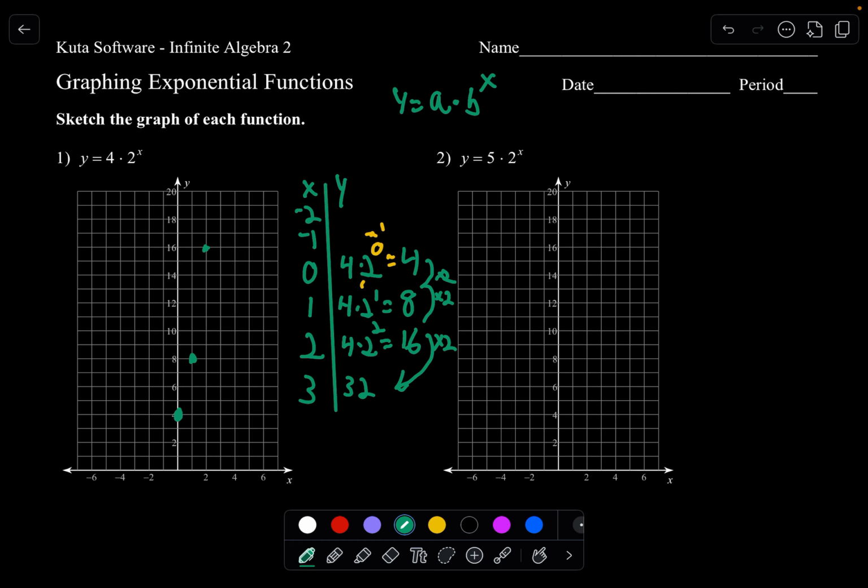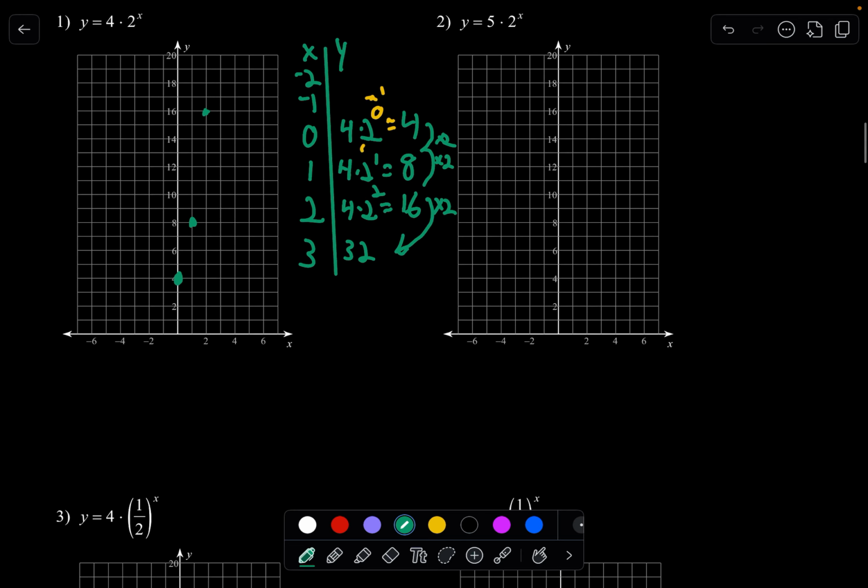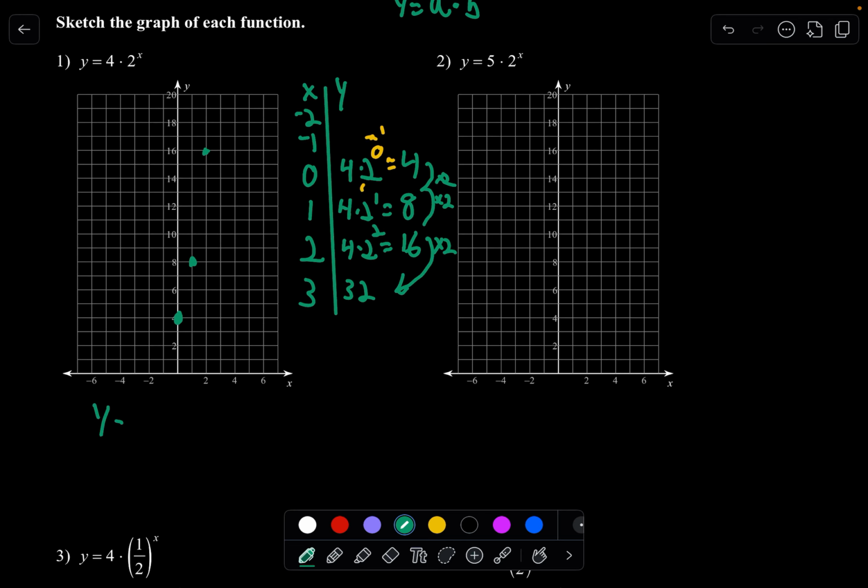Okay, now it gets a little bit tougher. When x equals -1, they're asking you what is y equals 4 times 2 to the -1 power. 2 to the -1, you could just type it into your calculator. But 2 to the -1 is actually 1/2. It's a reciprocal of 2. So it's 4 times 1 over 2, which is 2.